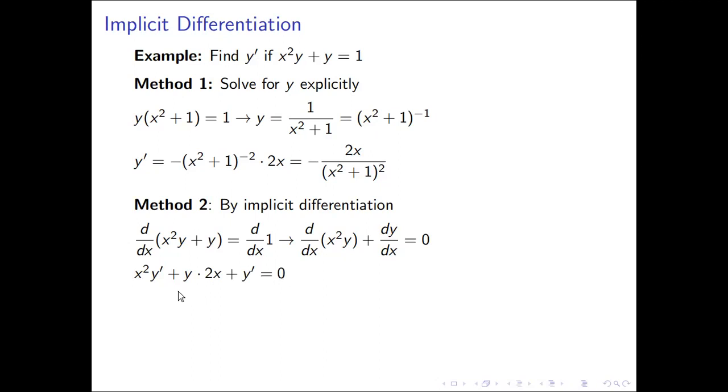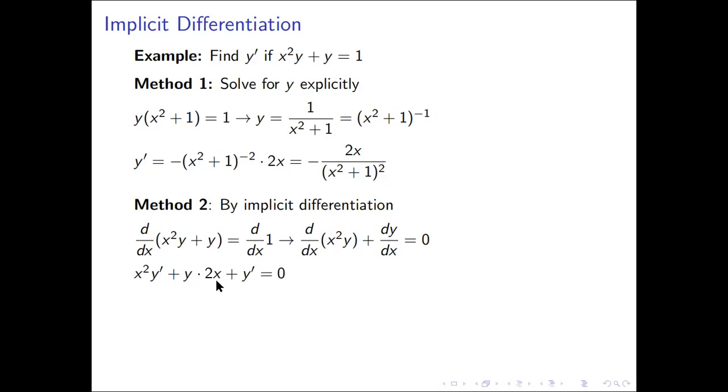And then this gives us an equation relating y prime, x, and y. And we can solve for y prime here. And we can do that by isolating or transposing terms without y prime to the other side.